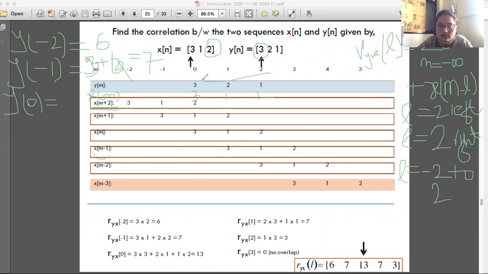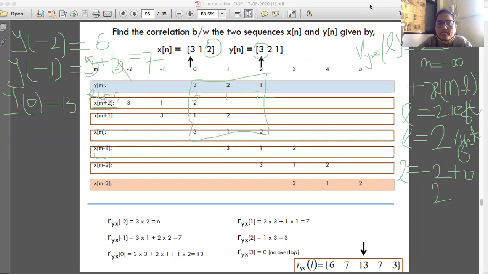So this entire sequence gets multiplied with this sequence. So what will be the value? 3 multiplied by 3, 9. 2 multiplied by 1 will be 2. 2 multiplied by 2 will be 4. 9 plus 4, so it is going to be 13. So the next value is going to be 13, right?